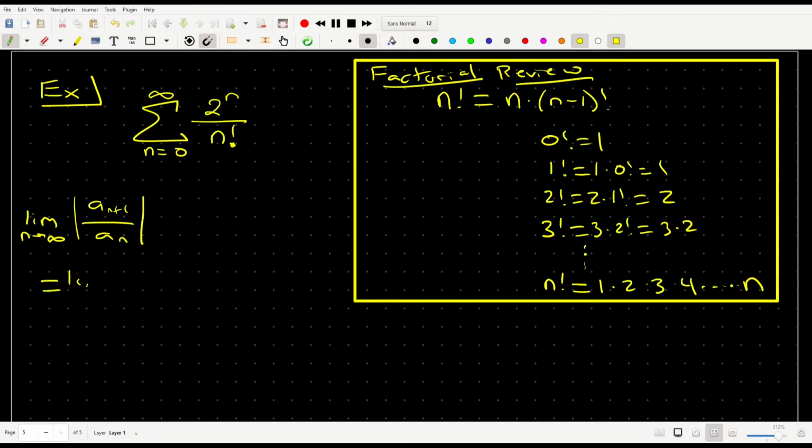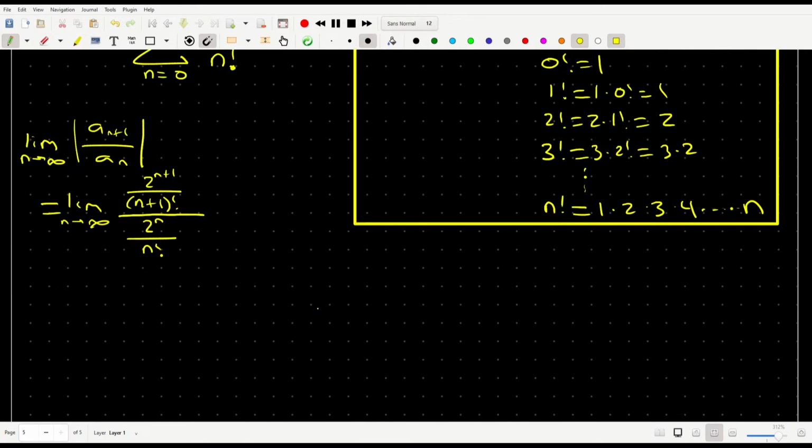And this is going to be the same thing as the limit as n goes to infinity of 2 to the n plus 1 over n plus 1 factorial, over 2 to the n over n factorial, which we can directly use some arithmetic to simplify, and this becomes the limit as n goes to infinity of 2 to the n plus 1 over 2 to the n times n factorial over n plus 1 factorial.